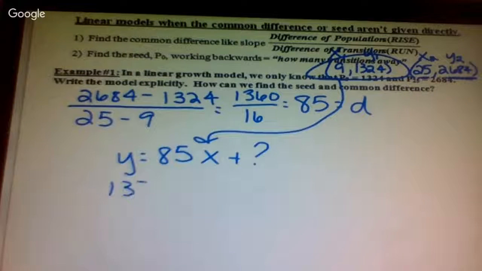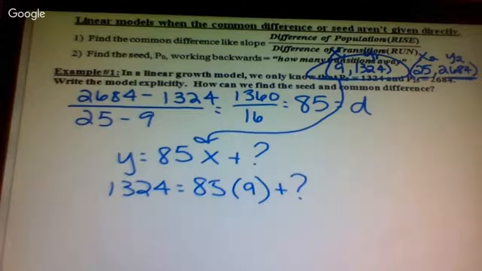So y is 1,324, x is 9. So 85 times 9 is 559? No, it's 765. So 765 we have to subtract from both sides.